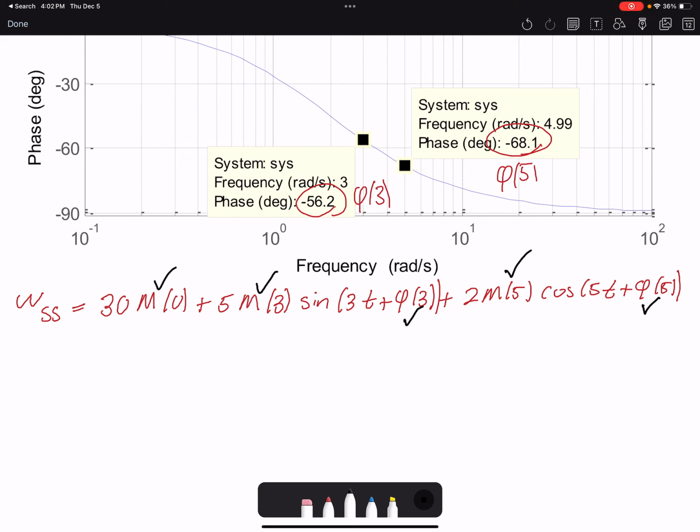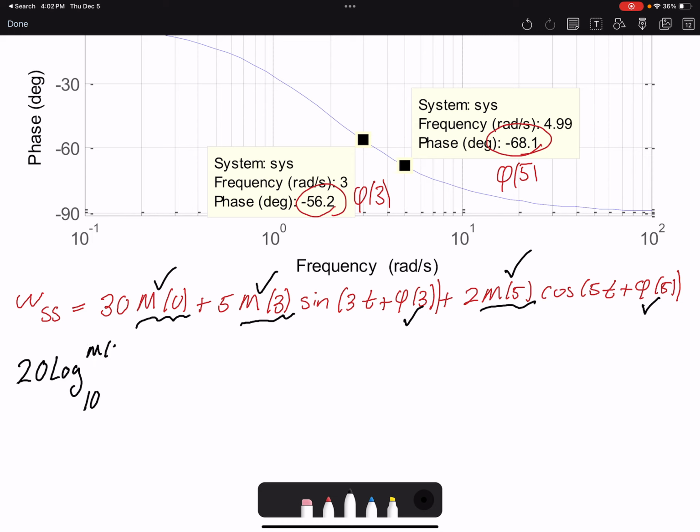Even if we don't have the transfer function, we have the Bode plot that tells us how the system responds. The Bode plot is telling us the magnitude difference at a frequency of 0, at a frequency of 3, and at a frequency of 5. The only thing we need to pay attention to is that the magnitudes are given in decibels, so we need to make the changes.